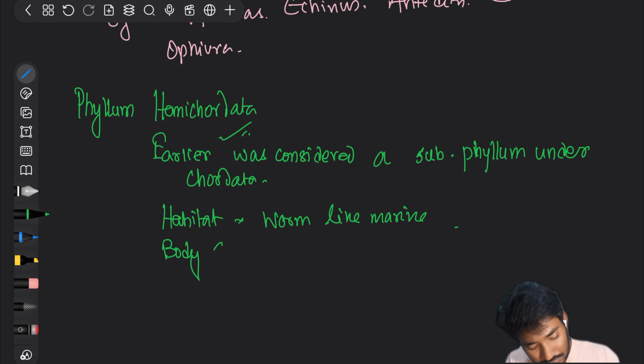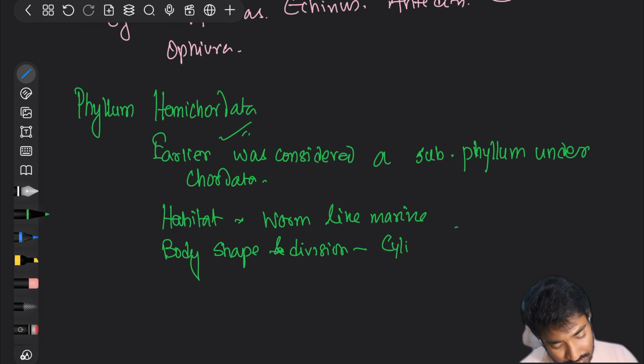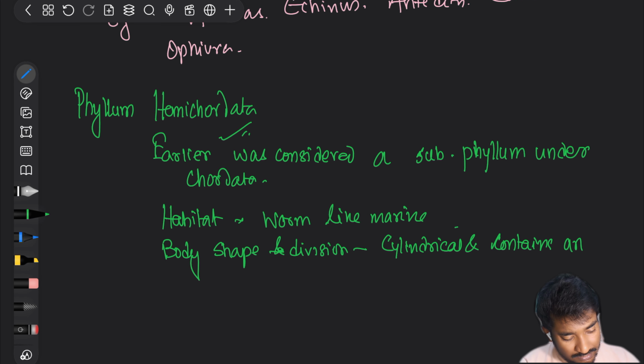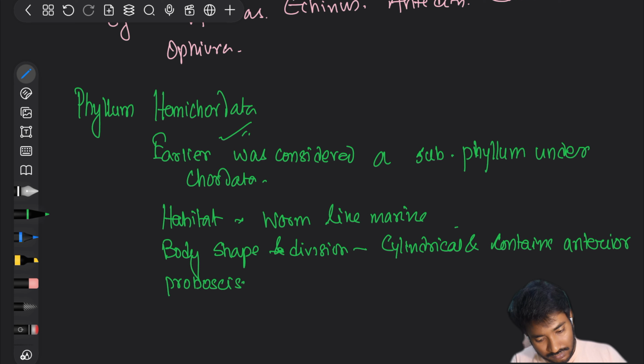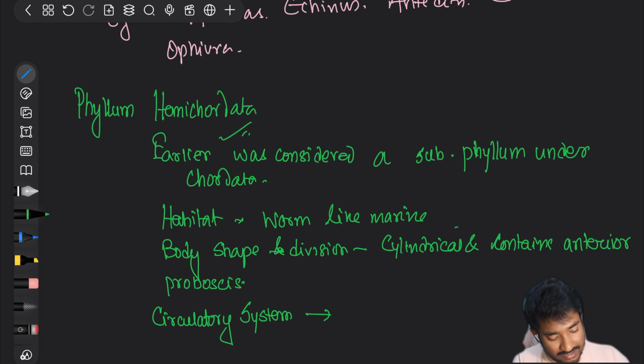Body shape and division: cylindrical, contains an anterior proboscis. Circulatory system open and respiration by gills.